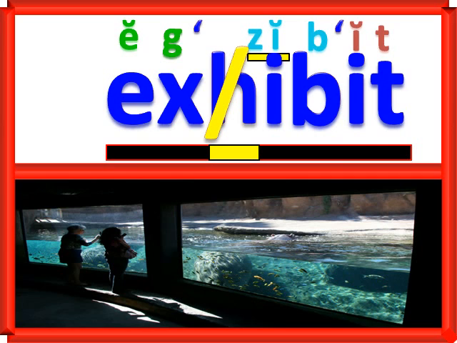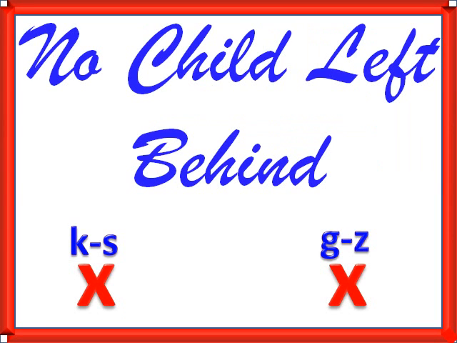H is silent. No child left behind. X makes two sounds. KS, k, s, kz, and GZ, g, z, gz.